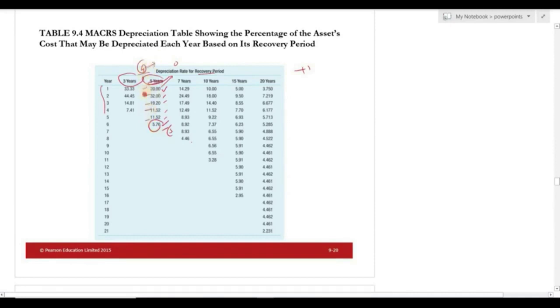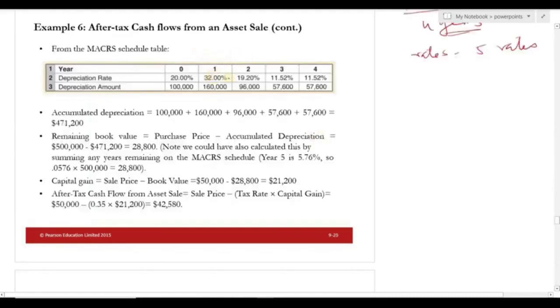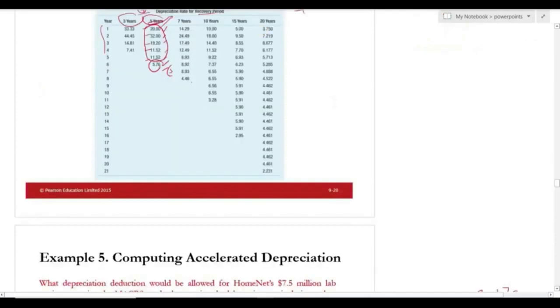Okay, so we are going to use these 5 rates: 20, 32, 19.20, 11.52, 11.52. These are the rates that we got from this table.